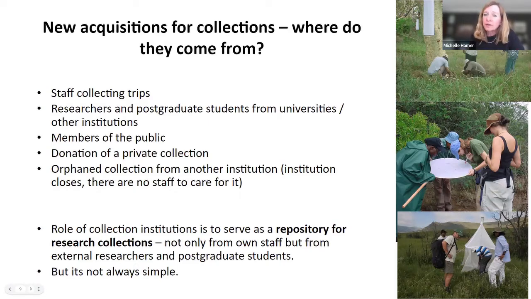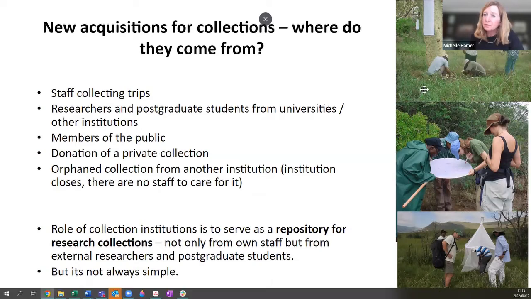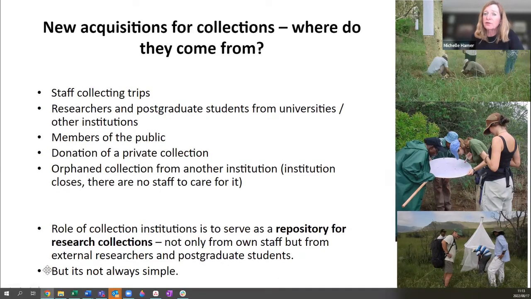So that's the job of the institutions. It's very difficult to say we're not taking any more specimens, because that's kind of why you exist. And not only from your own staff, but from external researchers and postgraduate students. But it's not that simple. It's not that you just take everything.